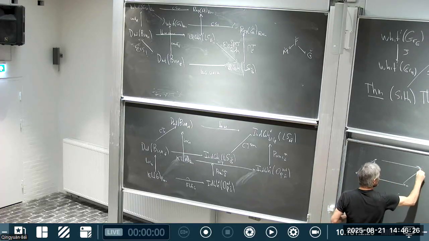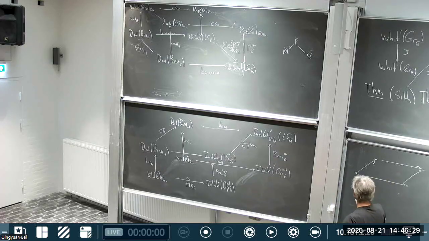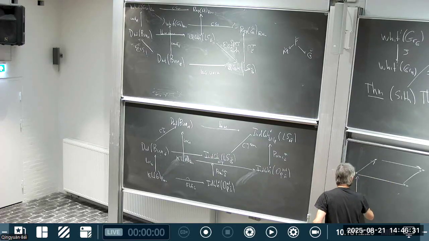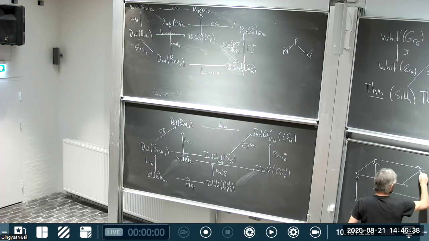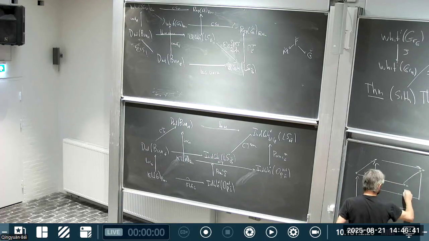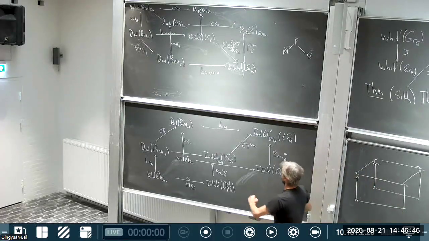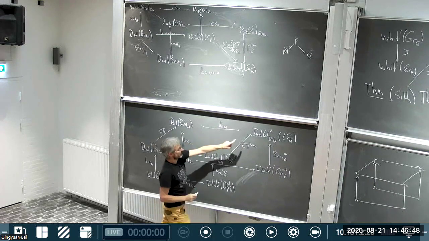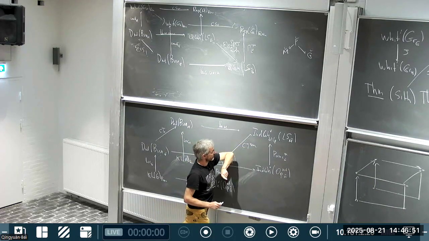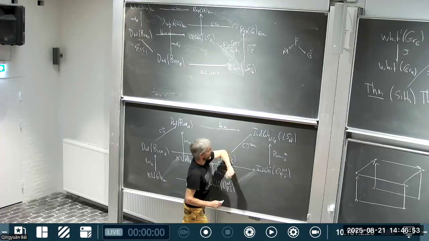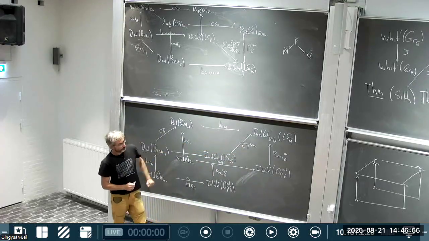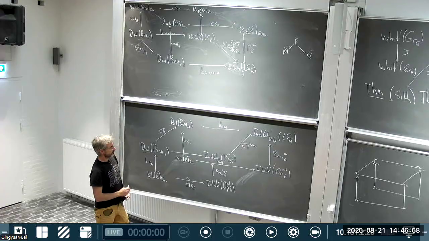Now we want to show that the top lid commutes. So we have this arrow, this arrow. What are the top arrows? The top face again. So D1 by G, but in the code. Okay, that means all good, yeah.